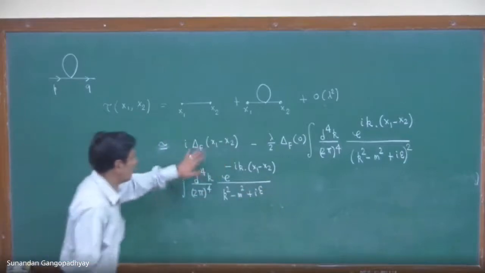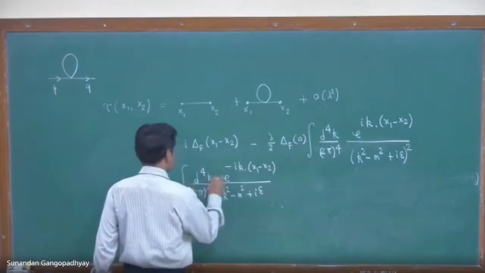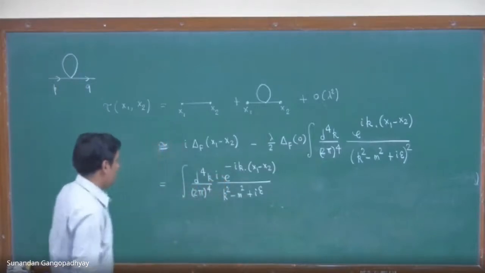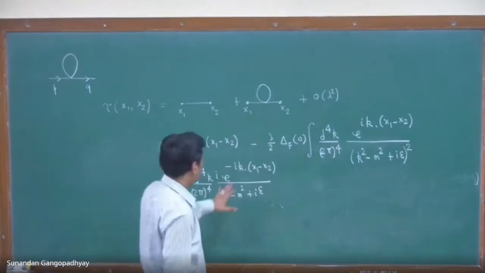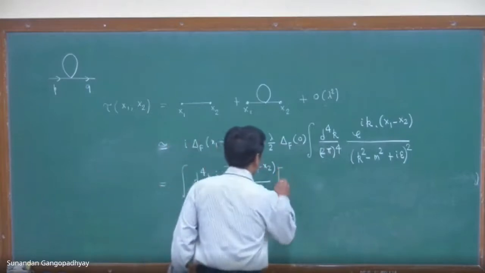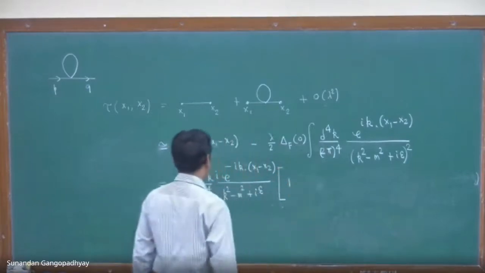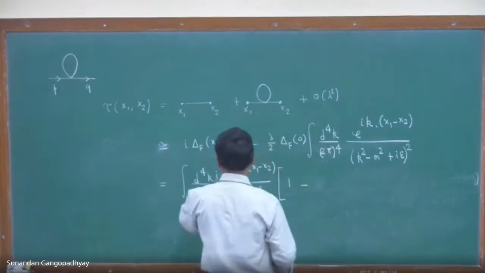So this is what this thing is. There is always a factor of i here, and then we have this factor, but you have something in common. So I can take this factor out and then write this as i.